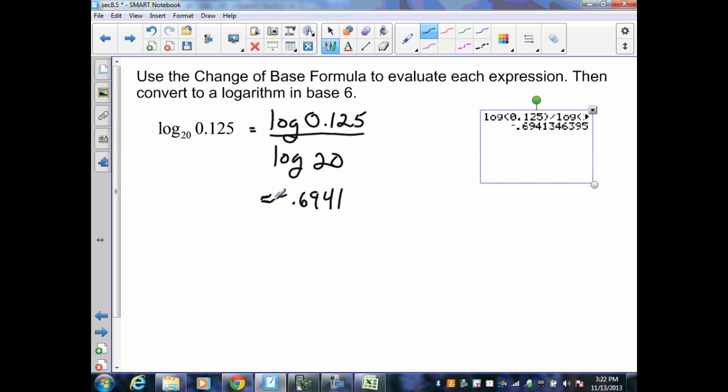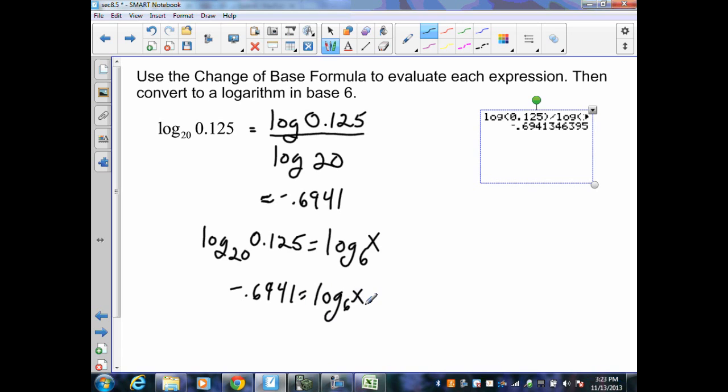Now I want to convert that approximation into a log of base 6. So I have log base 20 of 0.125, and I want to convert that into a log of base 6. I want to find the value of x. But I know what this approximation is. We found that to be a negative 0.6941. And then I can convert that into an exponential form. x will approximate to be 6 to the negative 0.6941.